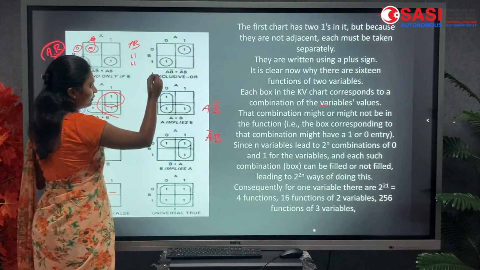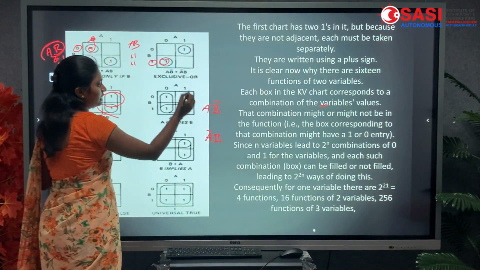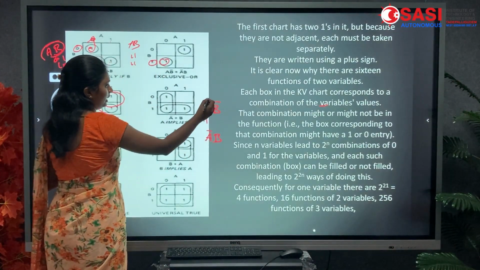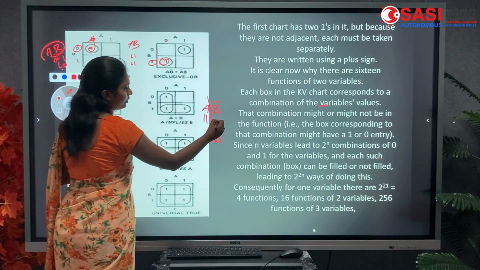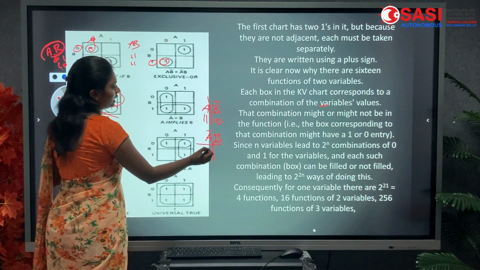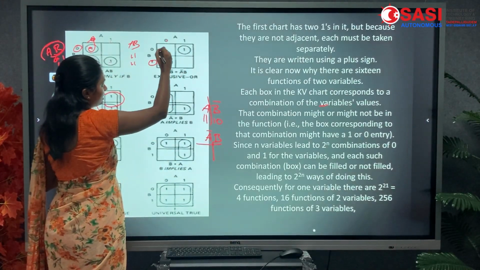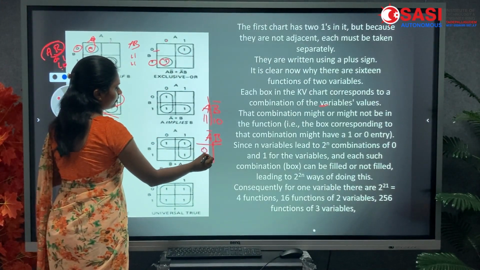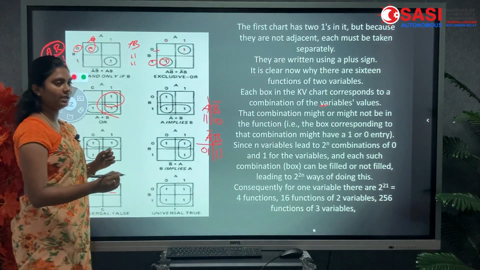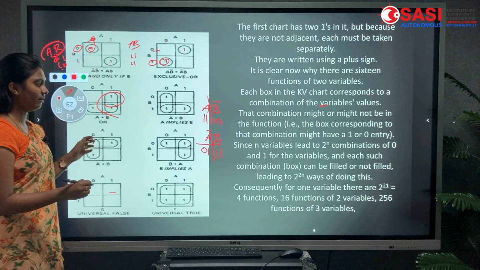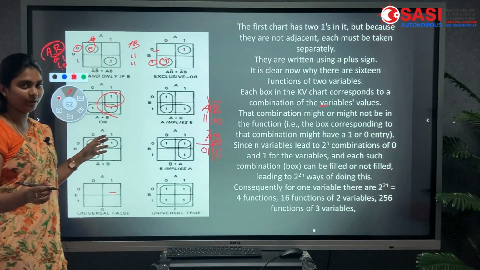First, A is 1. Next, B dash is nothing but 1 0. Now we will calculate A dash. A dash is 0 1. B is 1 1. So this is the dividing equations. Okay, dividing the variables into independent variables.